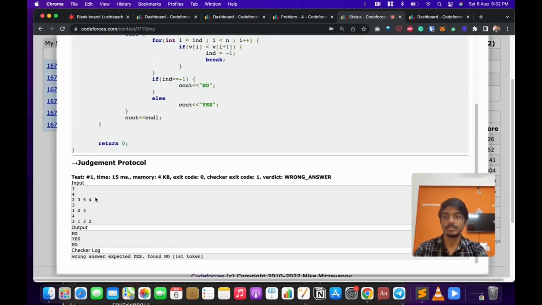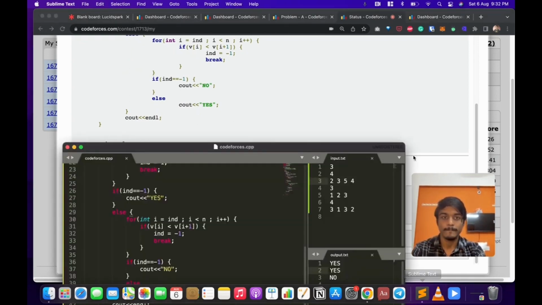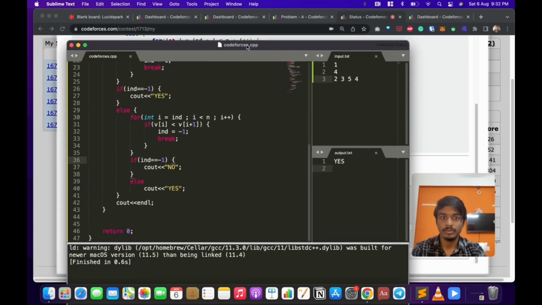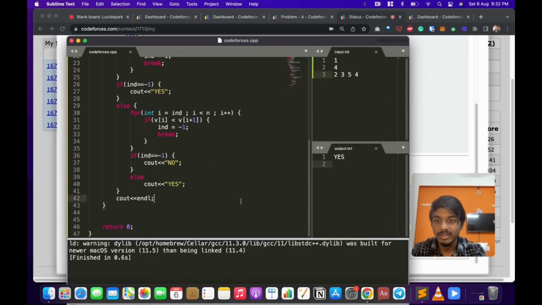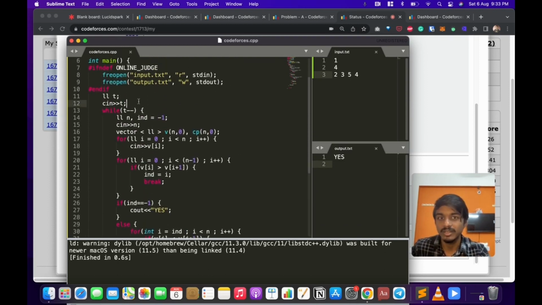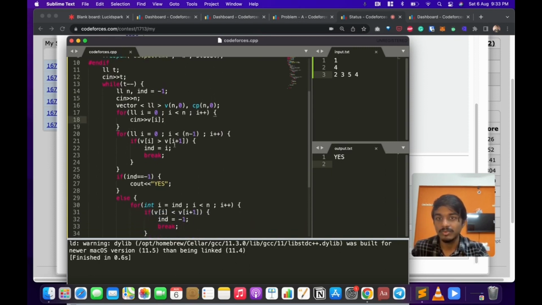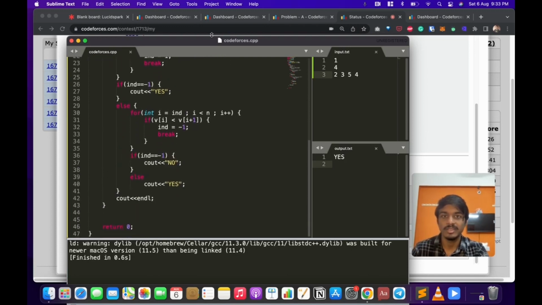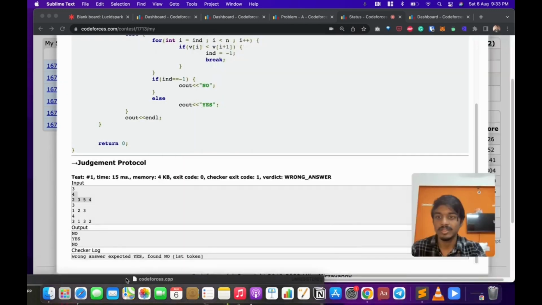So first should be yes, right? What? Here's some issue, I think, right? One, four, one, two, three, four. Why is it showing like this? Yes, but here it's showing no.